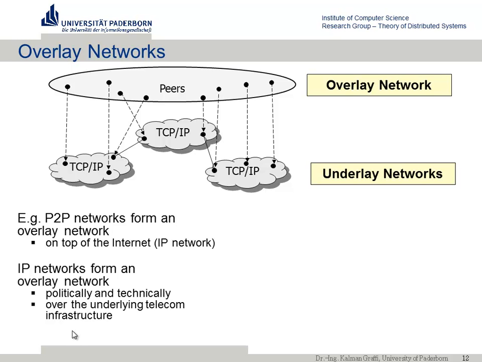To give you another example, an IP network is also an overlay network over the underlying telecom infrastructure. So if you think of the MAC layer and the internet service providers, there we have Telecom, for example, and Vodafone.